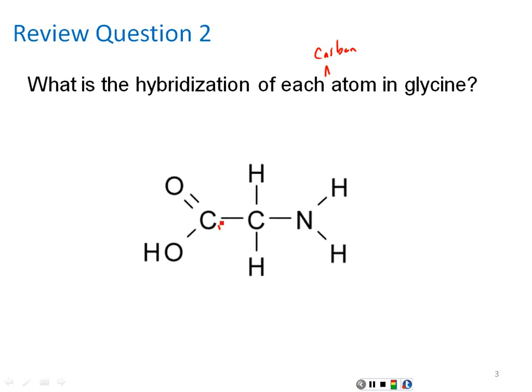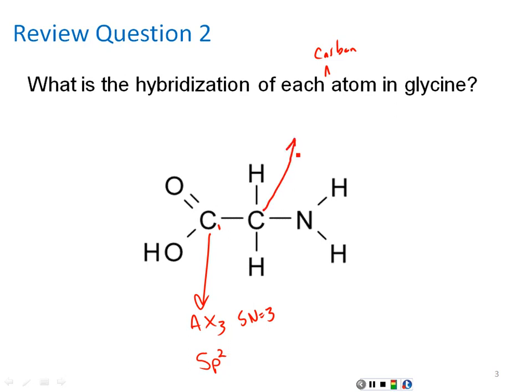What's the steric number on the carbon? Well, it's bonded to 3 other atoms, and there are no lone pairs, so the steric number is going to be 3. We need 3 equivalent hybrid orbitals. That would be an sp2 hybridization.